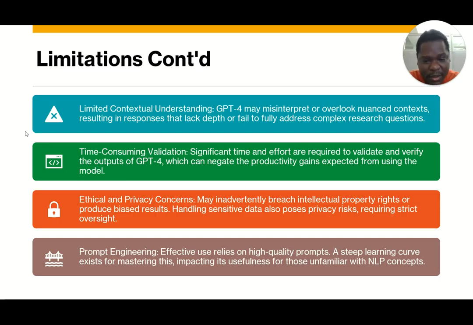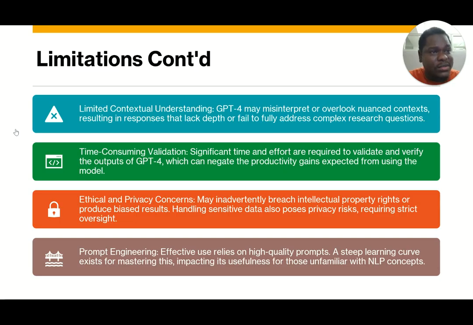Ethical and privacy concerns: it may inadvertently breach intellectual property rights or produce biased results. Handling sensitive data also poses significant risk. One ethical dilemma that revolves around the potential use of GPT-4 is to unintentionally reproduce or mimic existing work without proper attribution.